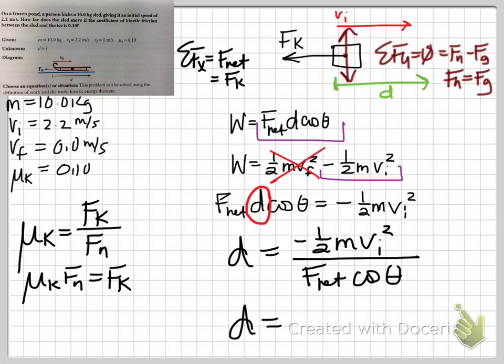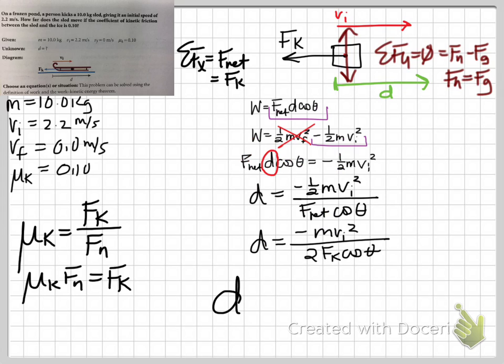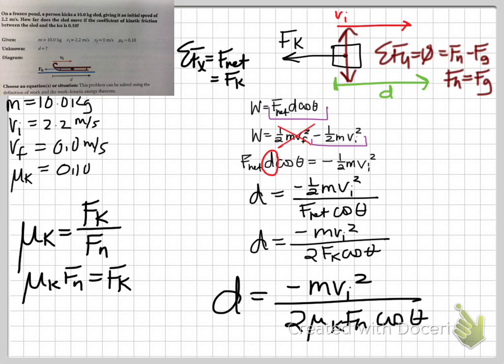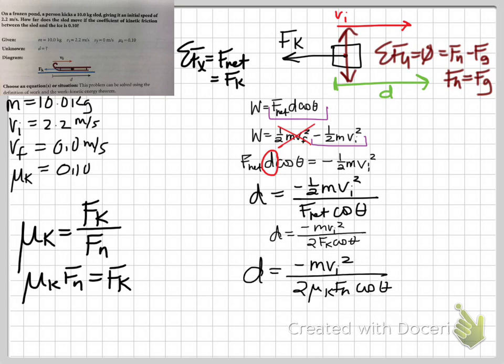d equals, and I'm going to go ahead and move that 2 down, so negative m Vi squared over 2 Fk cosine theta. Well, I know that Fk equals mu k Fn, so d equals negative m Vi squared over 2 mu k Fn cosine theta. Okay, so this is, I promise, the last step.